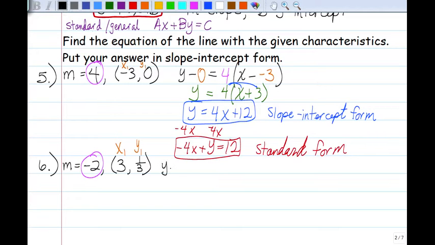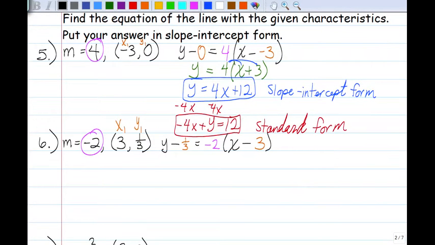So we're going to do y minus 1/3 equals negative 2 times x minus 3. Alright, so I'm going to distribute the negative 2. So I'm going to have y minus 1/3 equals negative 2x plus 6.